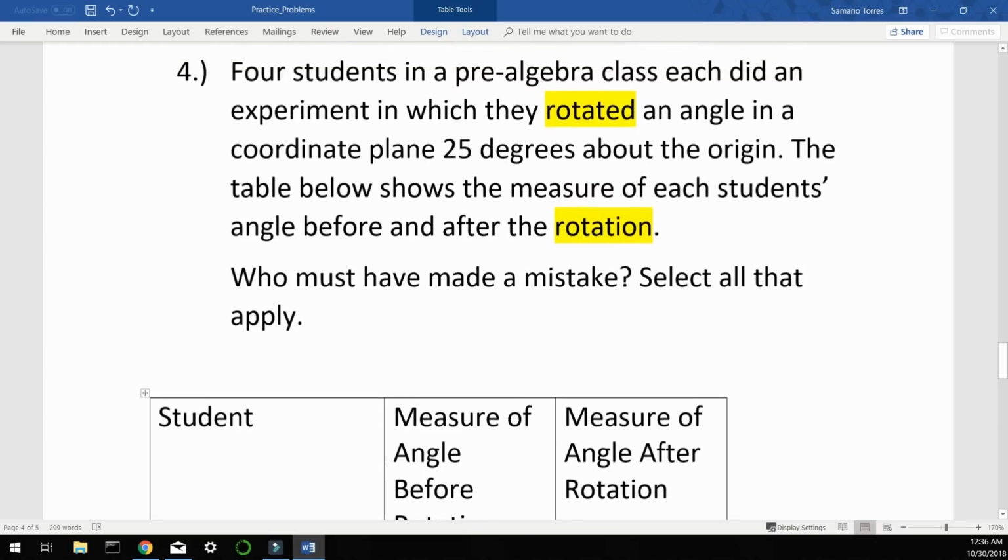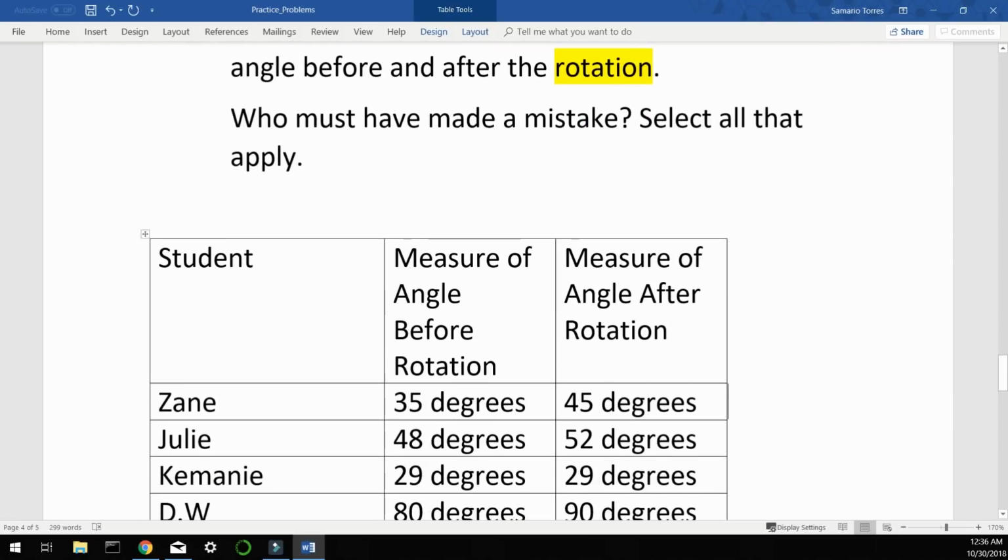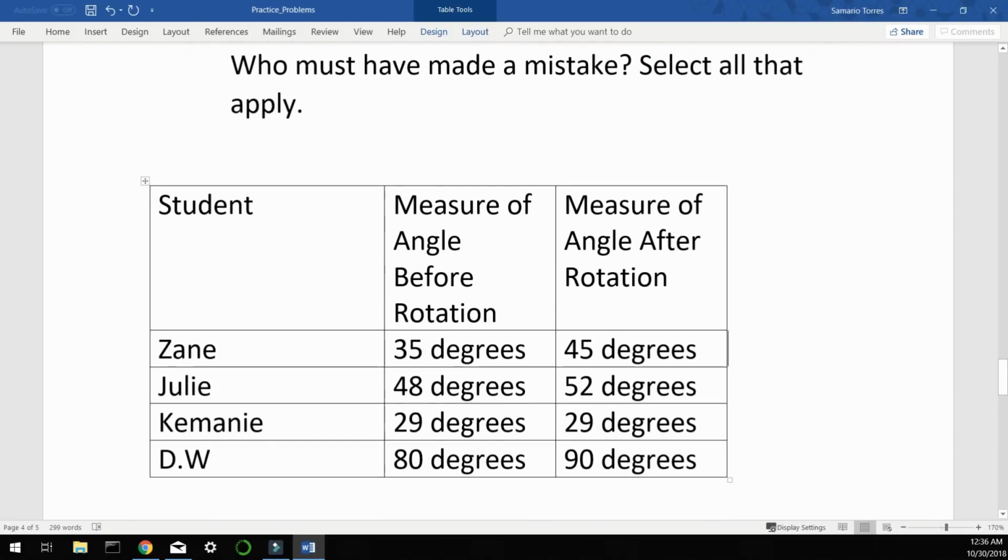It wasn't supposed to change because it's a rotation. Let's see what Julie said. Julie said the angle was 48 degrees, and after she rotated it, 52 degrees. No, that's wrong, because rotations don't change the measure of the angles.